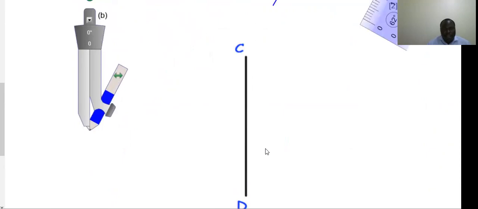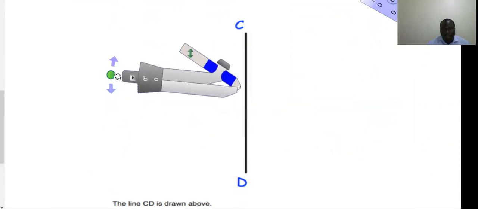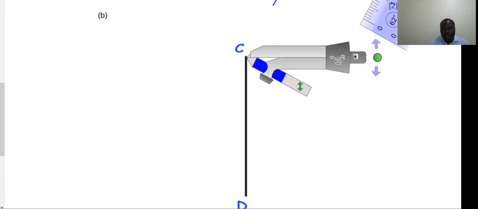Step number one is take this tool, put it here. Let me show you clearly. Or you can turn it around like this and put it somewhere here. The sharp point should be put somewhere here. Or you can set it this way.